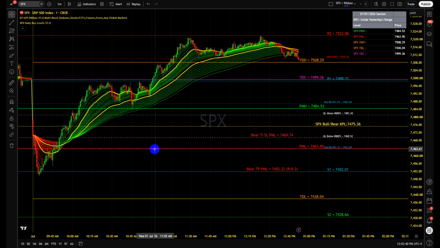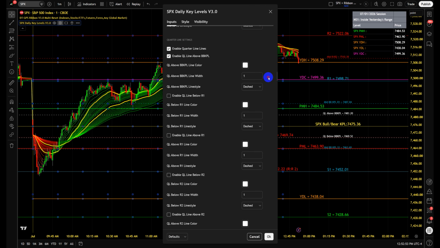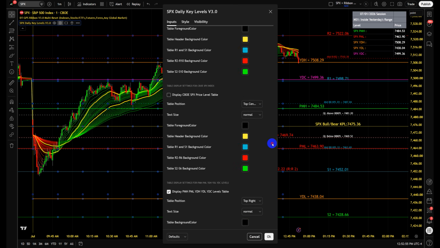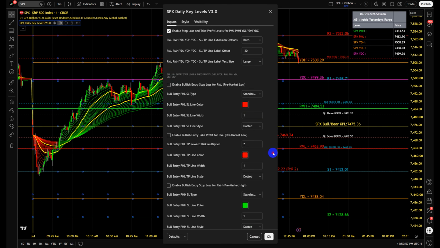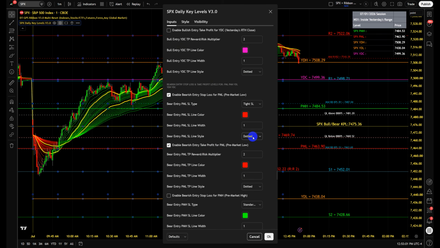Okay, so if you're basing it on the PML level here, here's your tight stop loss, this level here. You can increase the line if you want. It has its own line settings for that. So you simply go back down. Let's increase the line width to say 3.